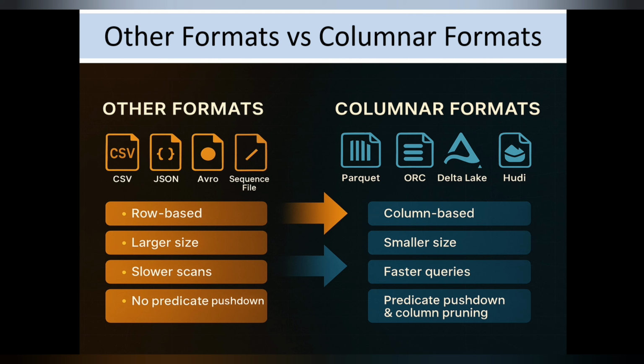At the start of the video, I was saying that there is a difference in file size, even if they have the same amount of data. Suppose 1 million records in both files. Let's take the example of CSV and Parquet.